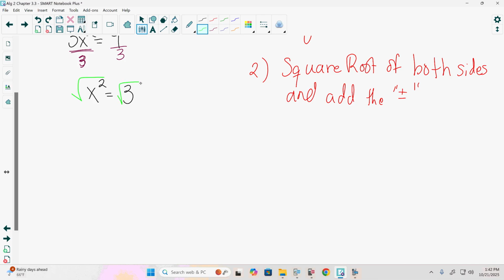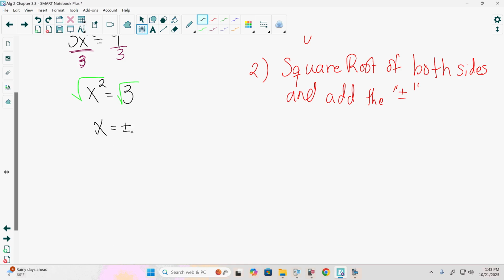Now, the square root of x squared, we're trying to find what times itself is x squared, and that would just be x. On the other side, since we did take the square root of both sides, we're going to add the plus or minus.